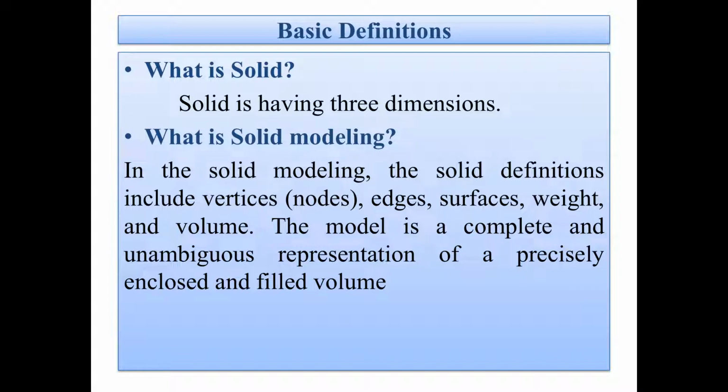Sometimes the solid model is also called volumetric modeling, and solid modeling is a complete and unambiguous representation of precisely enclosed and filled volume. It is an unambiguous representation when compared with the wireframe model and surface model.